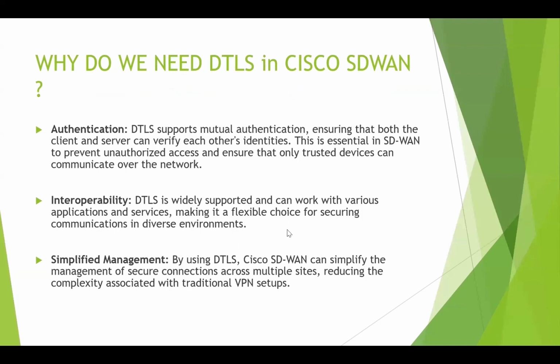Then authentication. DTLS supports mutual authentication. It ensures that both the client and server can verify each other's identities. That is very critical in the SD-WAN fabric, where both the controllers and the edges must authenticate and identify each other.